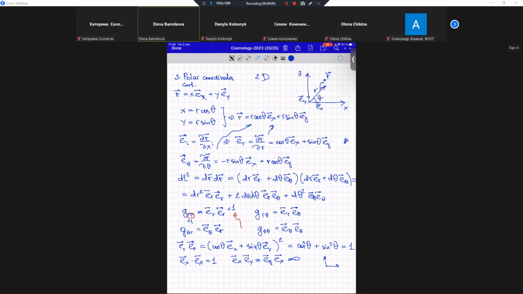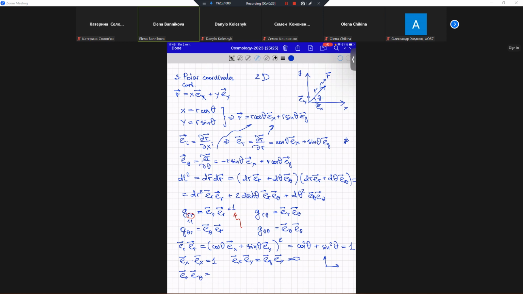We can also see er on e theta. I understand that this is simple, so now we are working like with analytic geometry, but it's important that you could feel the notation and everything to understand.